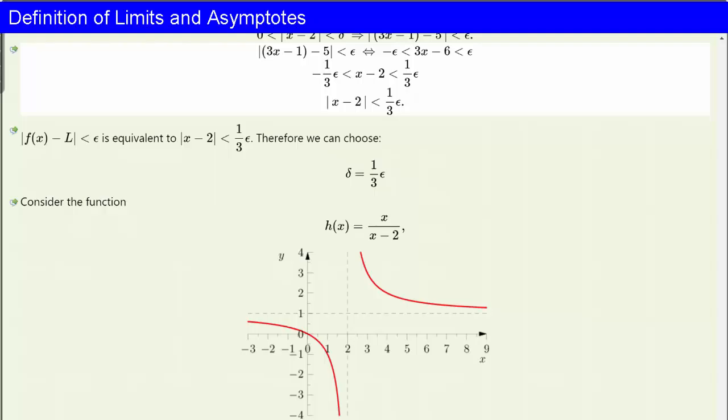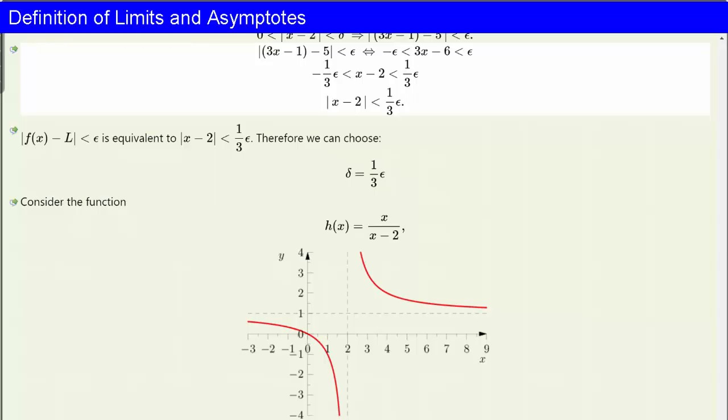3x minus 6 can be divided by 3. And so if we divide through all of the inequalities by 3, we get minus epsilon over 3 less than x minus 2 less than epsilon over 3. And that is equivalent to absolute value of x minus 2 less than epsilon over 3.